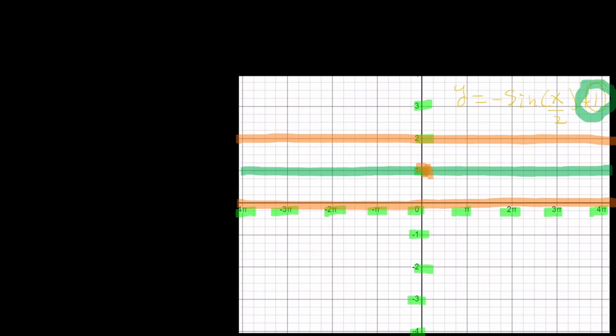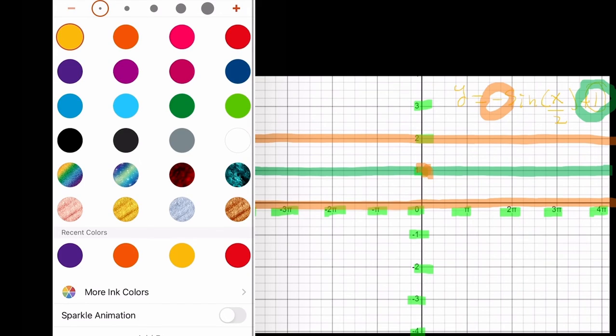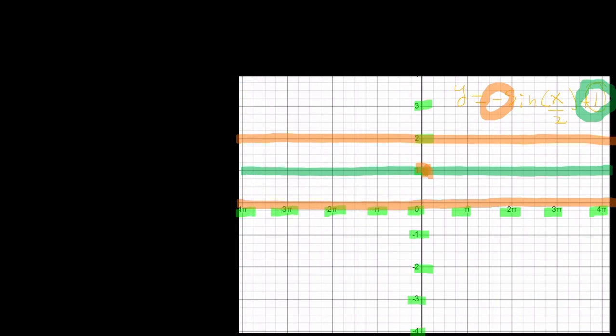Once you're done with that, you can ask yourself what type of function you have. It's a negative 1. So if it's a negative 1, I would just get a pen right now to graph this. Let's pick purple. So it's a sine. It's going to go down because it's negative right here.